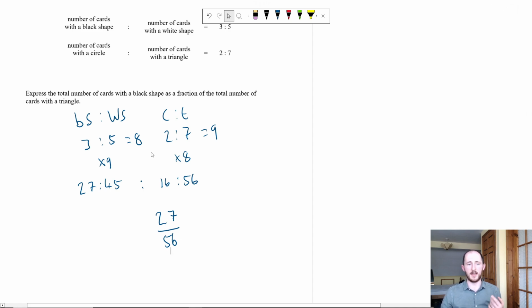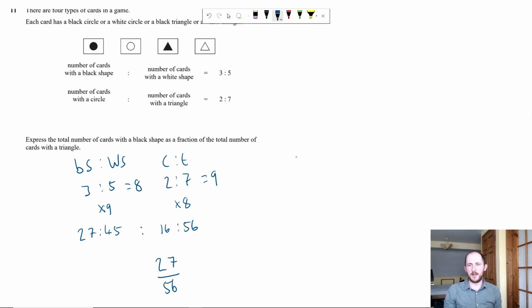I will say that, again, since I've checked all of my answers with the mark scheme as well, the mark scheme way of doing this is disgusting. It doesn't make 100% sense in my opinion. Okay, and I can completely understand why some people might find that a bit tricky. Essentially, with the mark scheme answer, they say that black shapes are 3 out of 8 and triangle shapes are 7 out of 9.